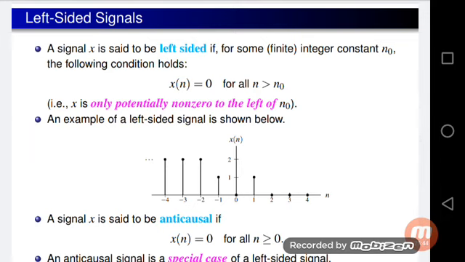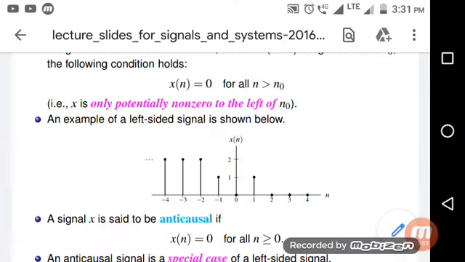Left-sided signals move from the positive side to the negative side: 1, 0, minus 1, minus 2, minus 3, minus 4. That means it performs exactly the reverse operation of right-sided signals. Right-sided signals move from left to right, and left-sided signals move from right to left. So both are opposite behaviors.